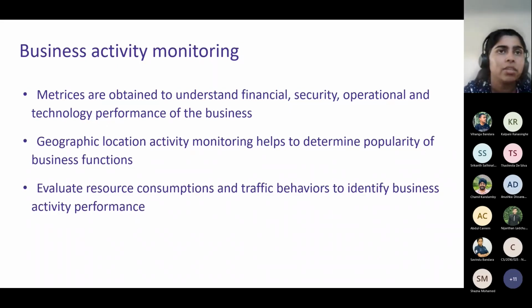By using that type of monitoring, by using that type of details, we can identify which areas of the system need to be improved, or which type of new functionalities need to be introduced to the system. So that type of decisions can be made using this business activity monitoring details.